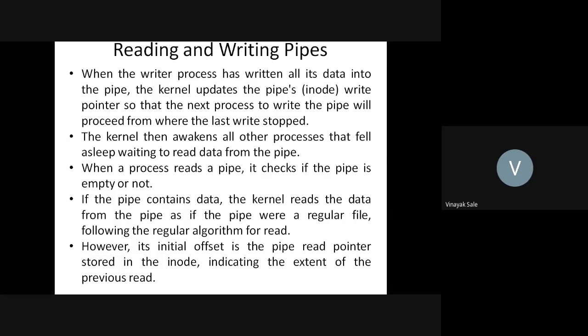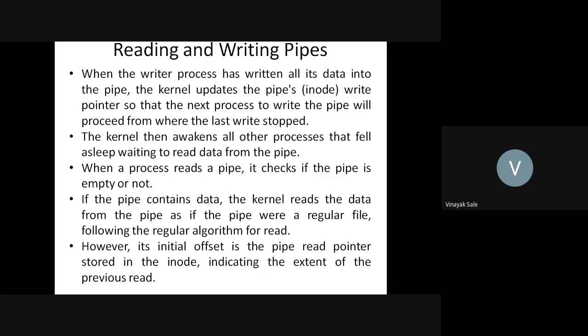When the writer process has written all its data into the pipe, the kernel updates the pipe's write pointer so that the next process to write to the pipe will proceed from where the last write stopped.